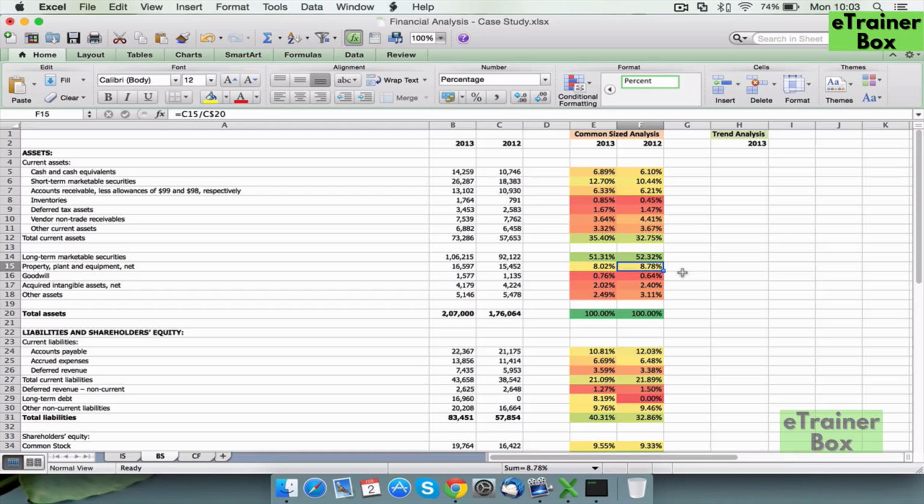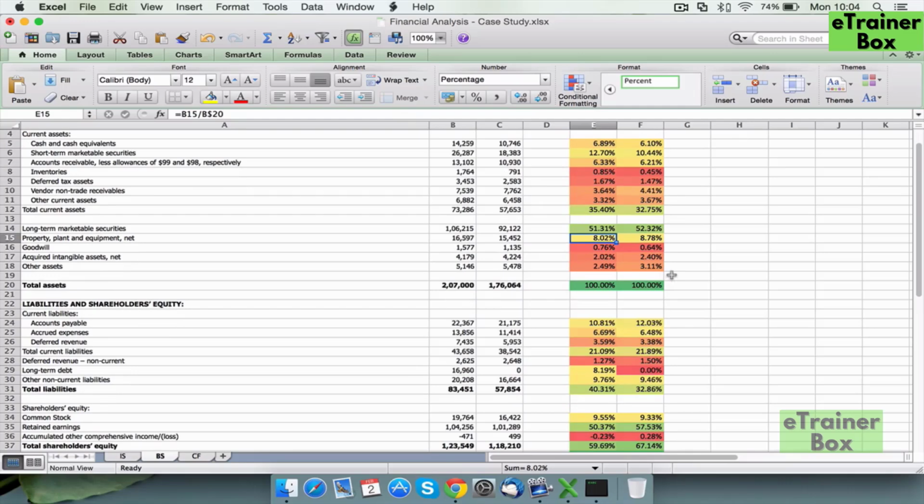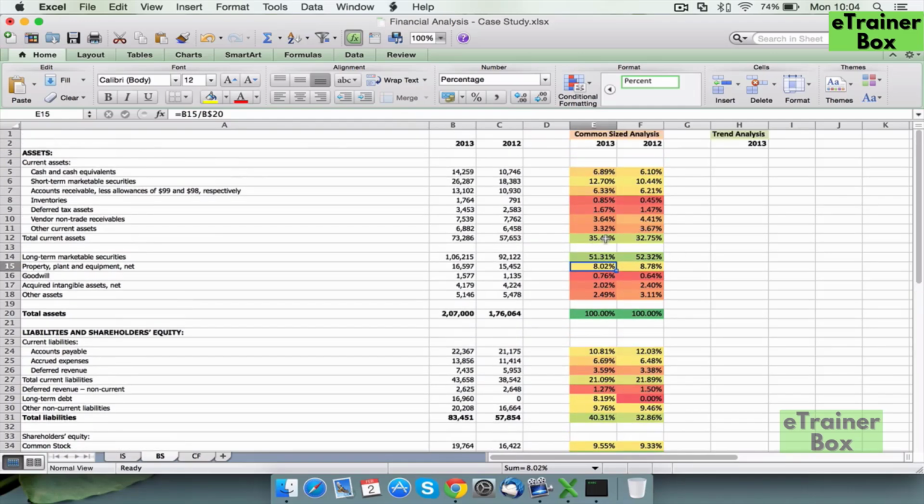Obviously, this could be some manufacturing equipment which Apple Inc. has been using. So the common size analysis of the asset side does not reveal anything significant. The percentages are almost similar. There are no wide variances except this one, where 2% has gone up in short-term securities.